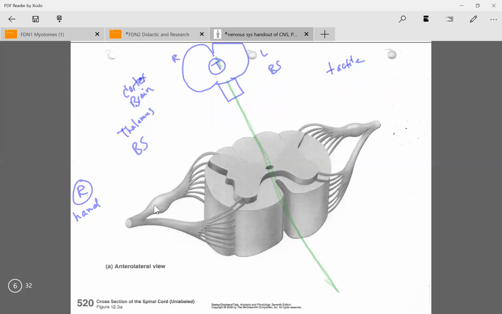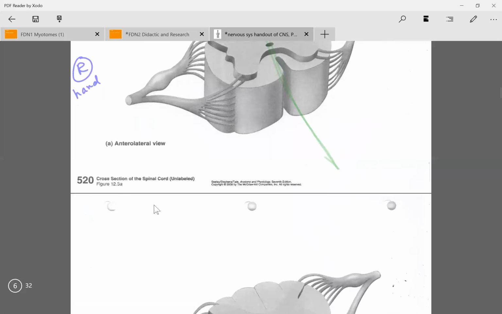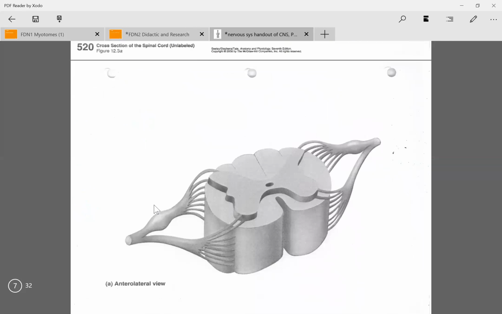All right, now a while back we looked at this thing called the homunculus. Okay, the homunculus was the area in the brain at the primary sensory cortex. Okay, these terms should hopefully ring a bell. You had the central sulcus, and behind the central sulcus, let me kind of draw that out here for you.